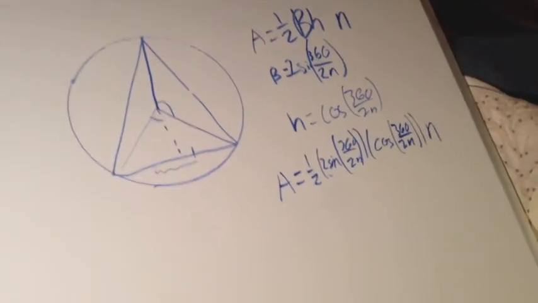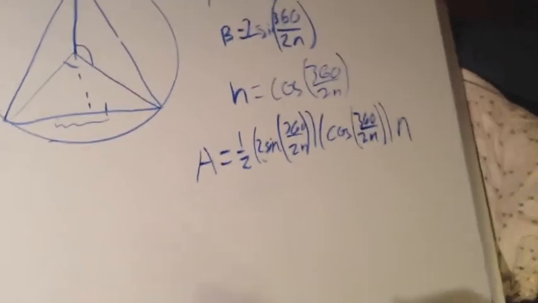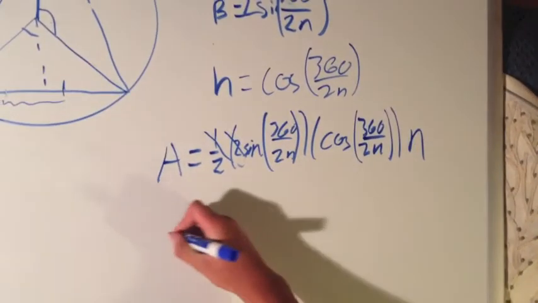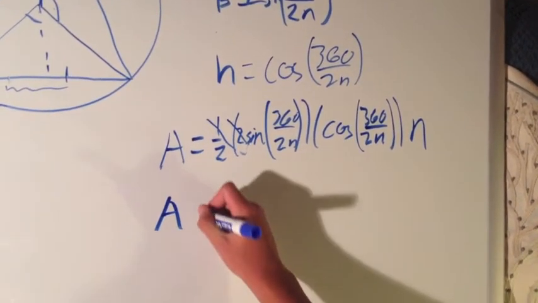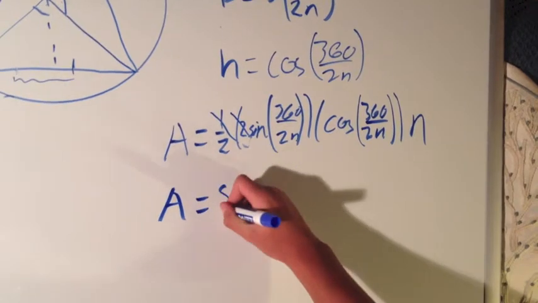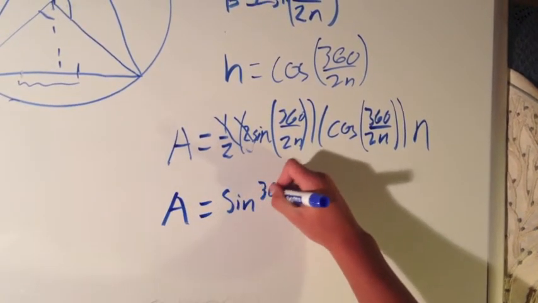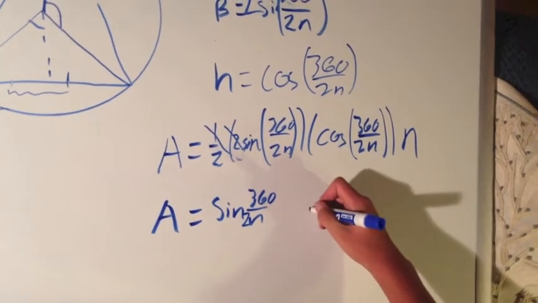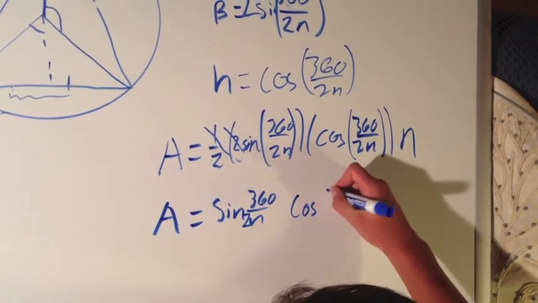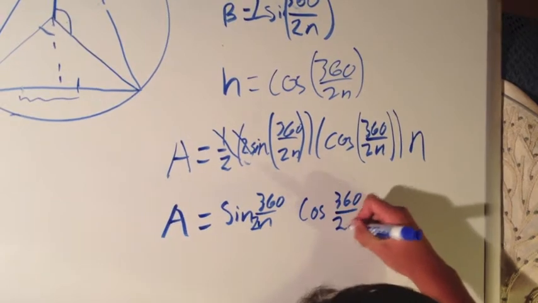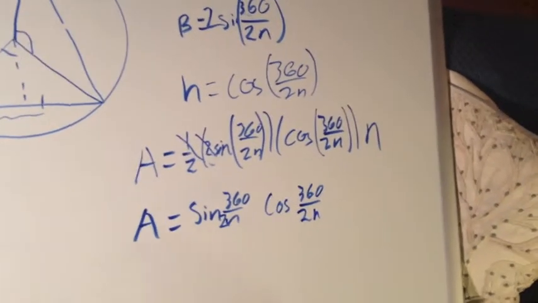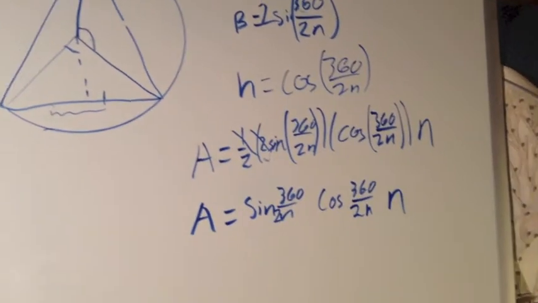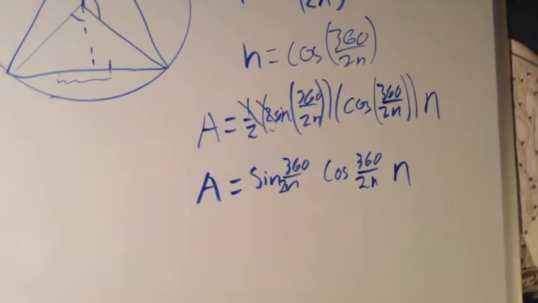And we can go farther and simplify by canceling out this 1/2 and the 2 there, and the area will be broken down into n times sine of 360 over 2n times cosine of 360 over 2n. And this formula should work for any polygon inscribed inside the unit circle.